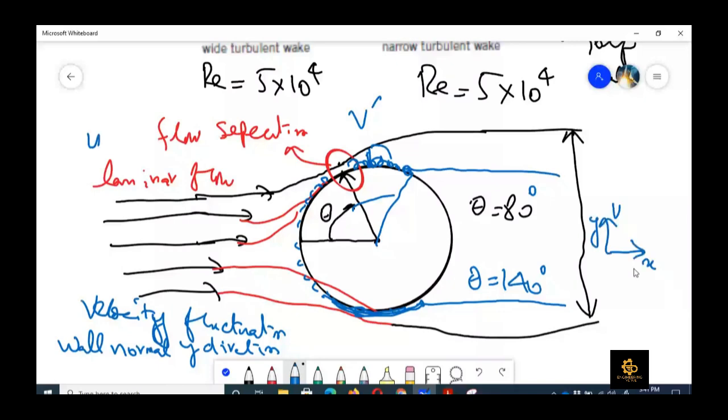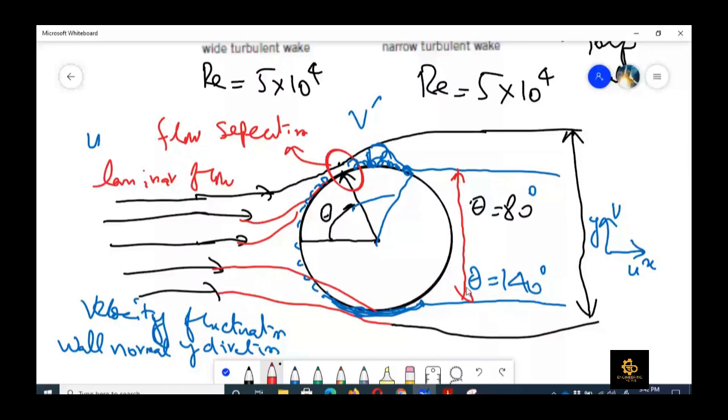So the velocity fluctuation keeps the flow attached up to theta equal to 140 degrees, and we have less wake region. When the wake region is less, the total drag force on that object would be less. When the drag force is less, the golf ball would travel more distance into space, right? That is the only purpose for which we put dimples on the golf ball surface.